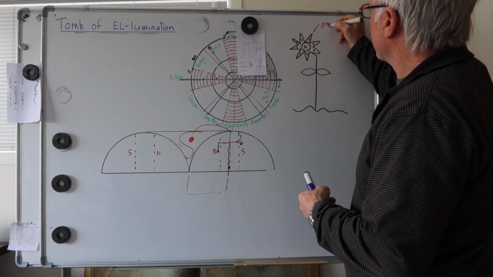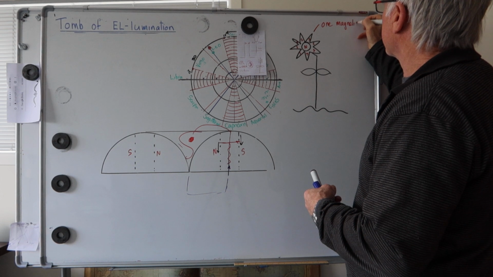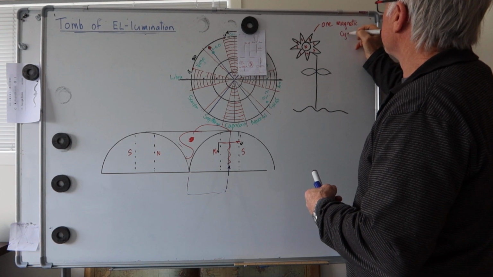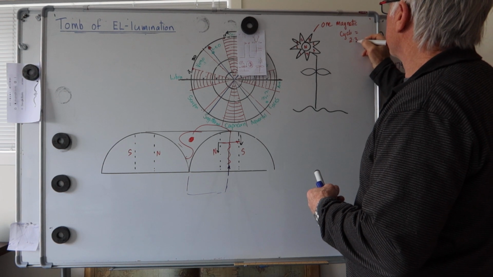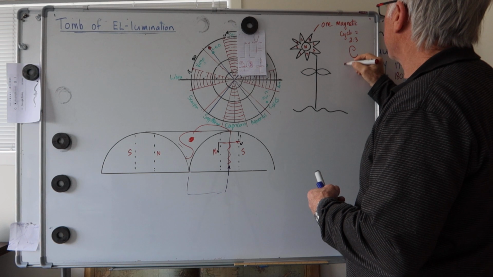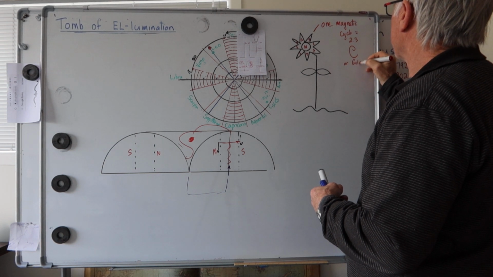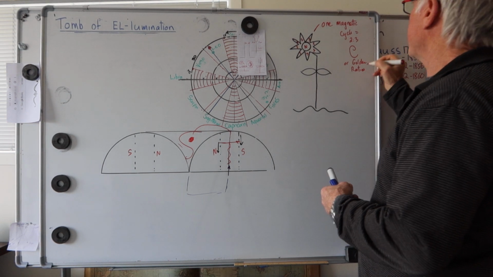A 2-to-3 ratio, or a Fibonacci, or a golden ratio. They're all close enough.